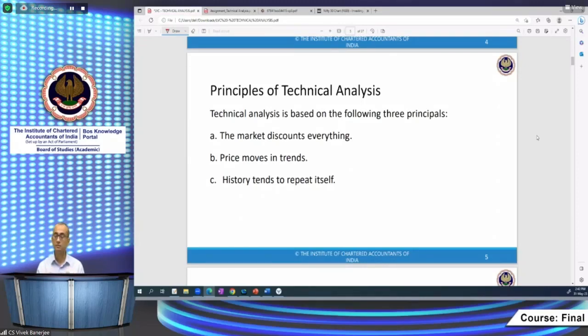Now, if you have read in the newspaper sometime before that the profit of LIC has increased 5-fold, and this information came on 24th of May, let us see what effect this information has on the share prices of LIC, that is, Life Insurance Corporation of India.